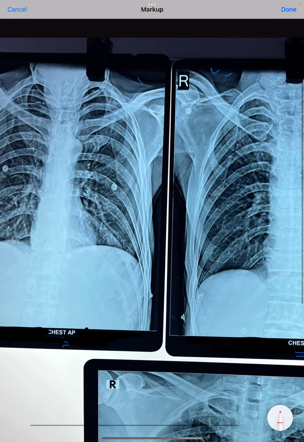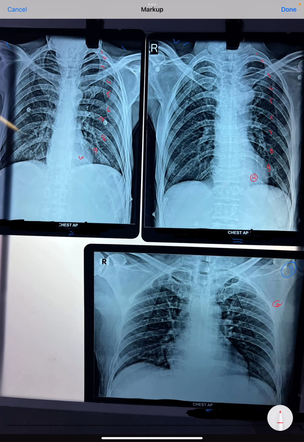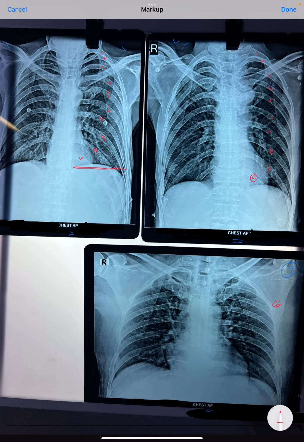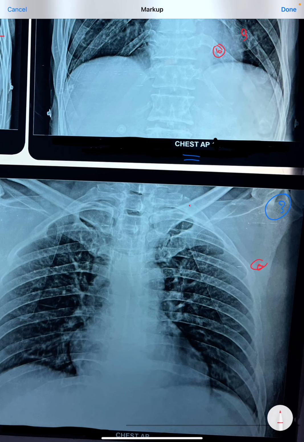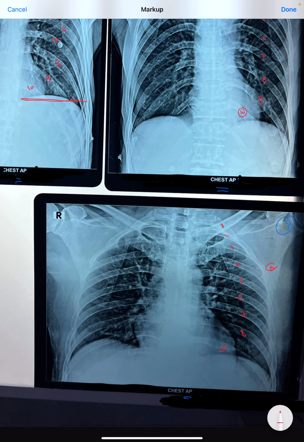And here also it is the same: first rib, second, third, fourth, fifth, sixth, seventh, eighth, ninth, and 10th. So up to the 10th rib we can see above this diaphragm, whereas here this is the first rib, second, third, fourth, fifth, sixth, seventh, eighth. Here we are seeing the ninth rib, which is almost touching the diaphragm. Here the ninth rib is completely above the diaphragm, and the tenth rib we cannot see.